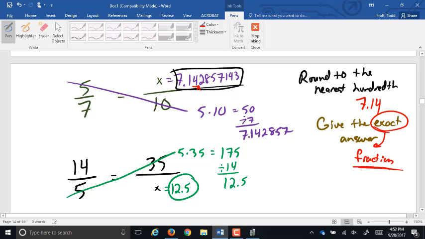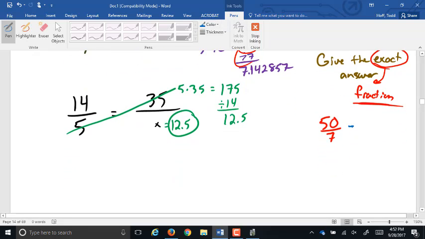So here, 5 times 10 is 50 divided by 7. Remember, division and fractions are kind of interchangeable. So you can just write it as 50 over 7 and then reduce it from an improper fraction down to a mixed number. How many times does 7 go into 50? 7 times. 7 times 7 is 49. So how many pieces are left over? 1. So 1/7. So 7 1/7 would be the exact answer.